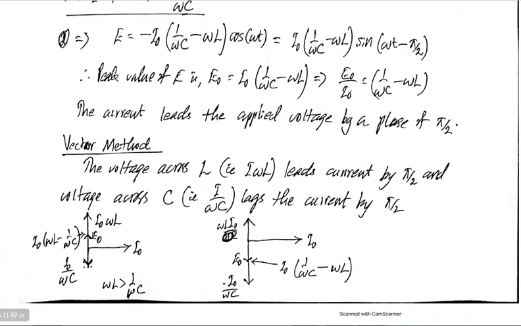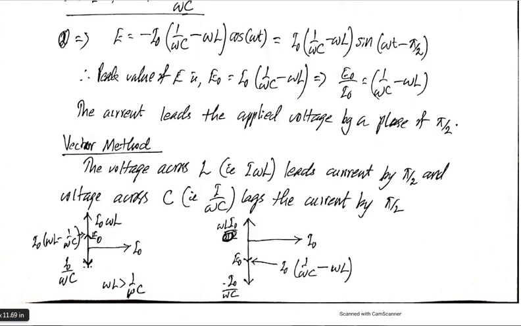If I0 is the current, then I0 omega L is leading that current by pi by 2 and I0 by omega C is lagging. Here I assume that omega L is greater than 1 by omega C, so this voltage will be more and the effective voltage will be I0 omega L minus I0 by omega C, because now these two vectors are in opposite directions.